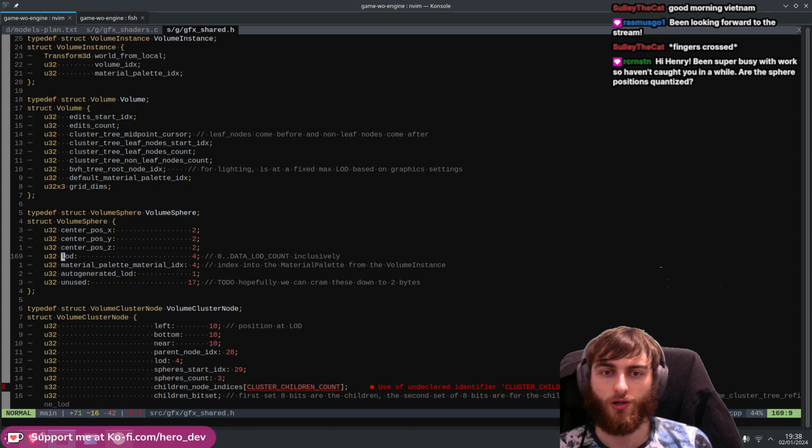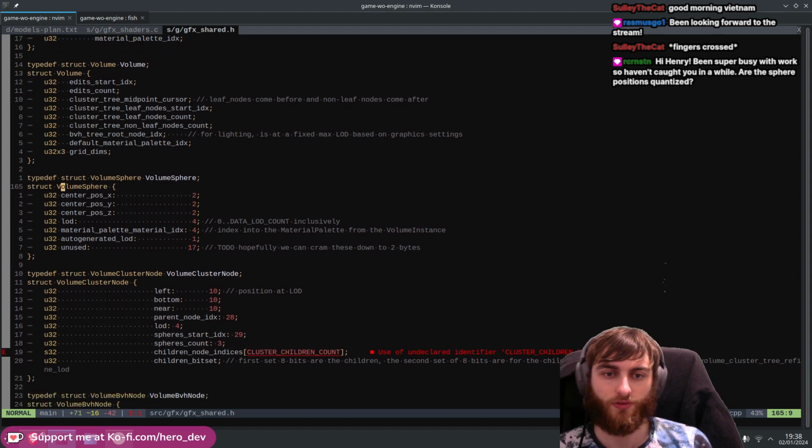We keep track of what LOD we're at, got some material index inside of a material palette, and then we've got 17 unused bits. So I reckon we could probably pack this down into a 16-bit integer. That'll be the hope. So we should be able to save a ton of memory there.